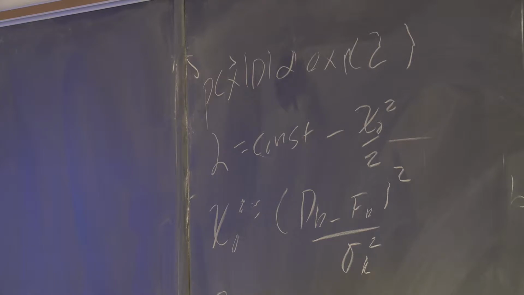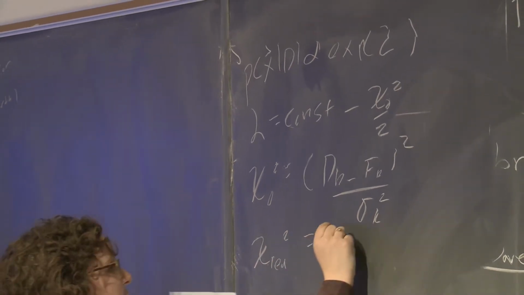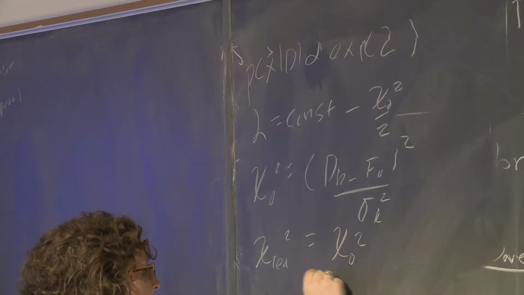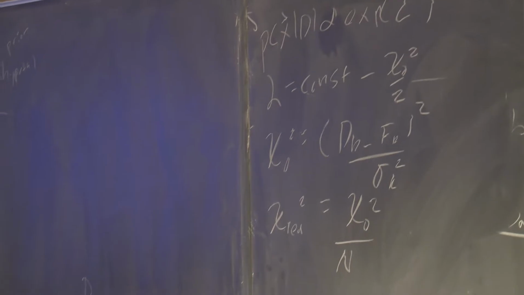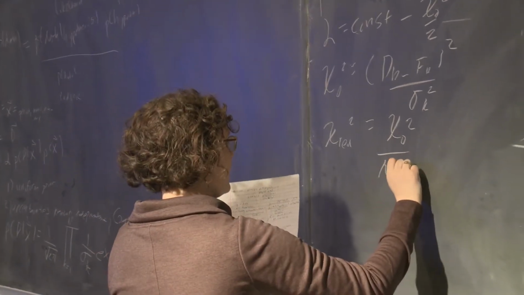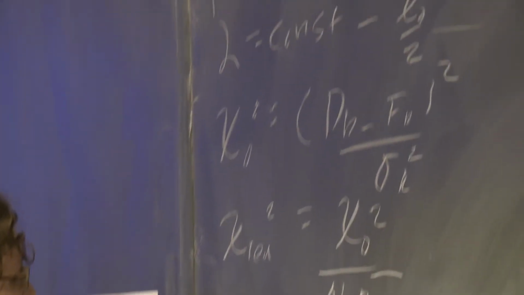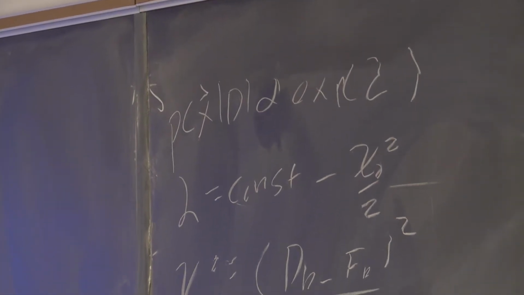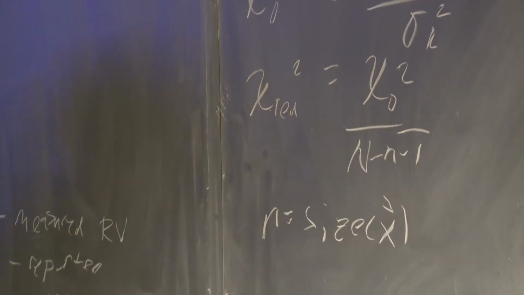And people often use what's called a reduced chi squared. So they take the chi squared, they divide it by n, which is the number of data points, minus little n, where n is the number of parameters, so the size of the x vector, minus 1. So this is what people often do.